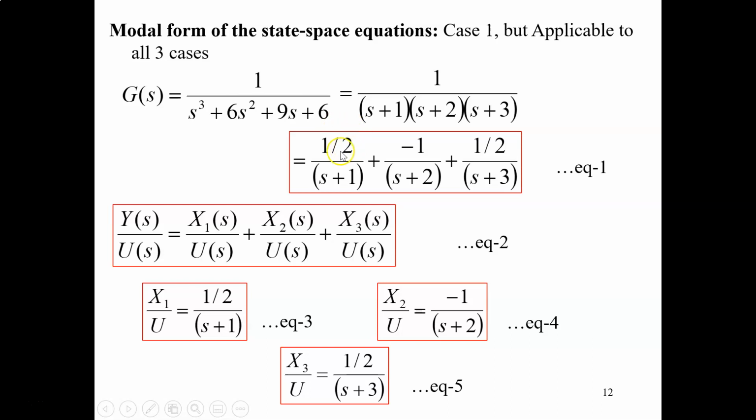Once you've done the partial fraction, what's in the numerator, half, minus 1, half goes into the B matrix. The C matrix will be 1, 1, 1 because we are adding 3 states together to give us the output. The D matrix will be 0.